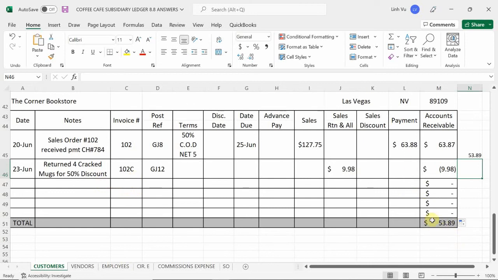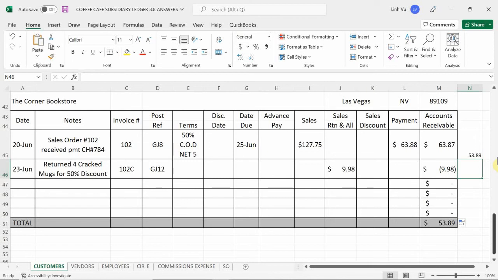And I just want to make sure that I am aware that this invoice right here has been adjusted. That's why I put it on the side. But like I've mentioned, you don't really want to have to adjust your customer's invoice all the time.